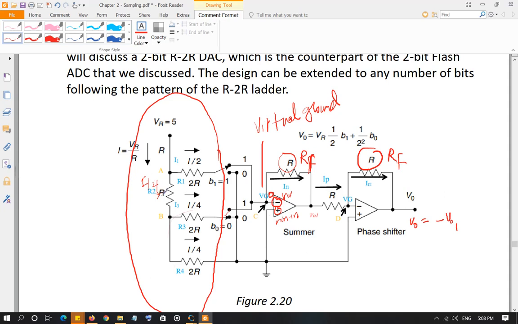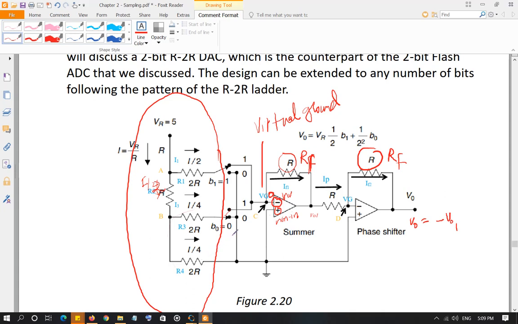So since I by 2 was flowing through these two resistors, then each of the resistor is going to take I by 4, 1/4 of the current, total current. So half of the current is flowing here through R1, half of the current is flowing through R2, 1/4 of the current is flowing through R3, and 1/4 of the current is flowing through R4. That's how different currents are flowing.